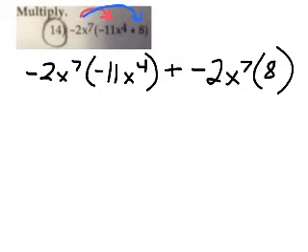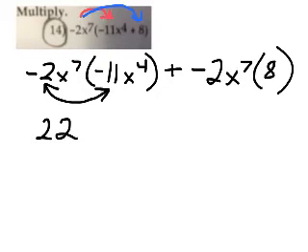Okay, so then solve those individually. A negative 2 will do the numbers times the numbers, right? Negative 2 times a negative 11 is 22. Okay, x to the 7th times x to the 4th. So we have 7 of them here. We have 4 of them here. If there's any confusion, you can factor it out.